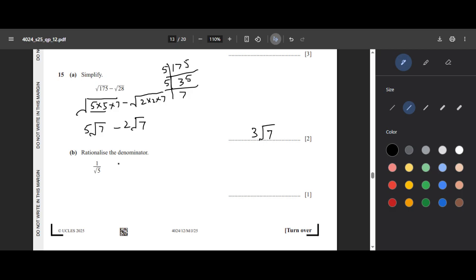Answer is correct. Now simply multiply by square root of 5 by upside and downside, numerator as well as denominator. So you will get answer square root of 5 over 5.